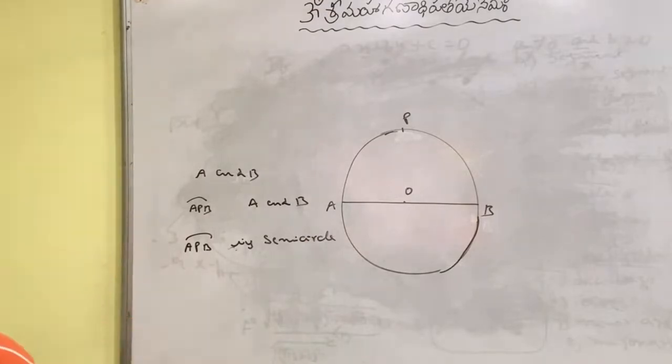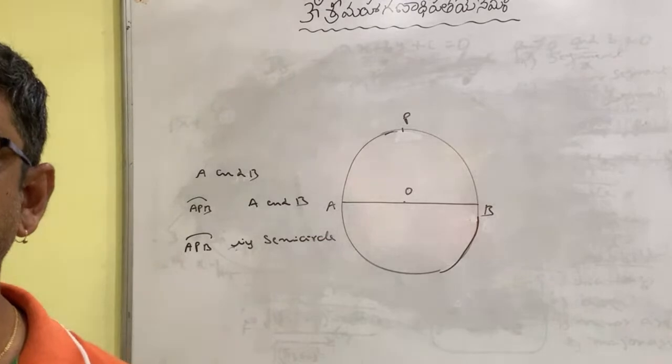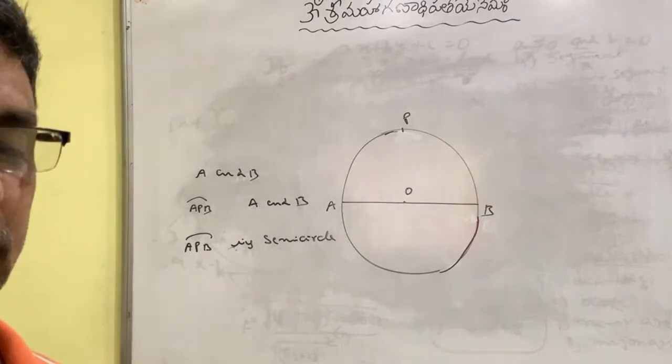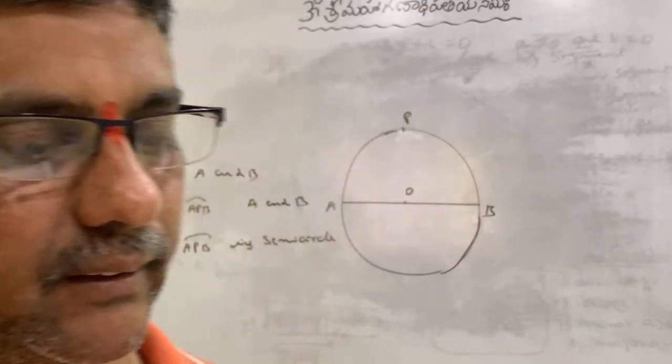Understand, children? If the end points of the diameter and the end points of its corresponding arc are both the same, then we call that arc a semicircle. That is what you have to understand. Next question.